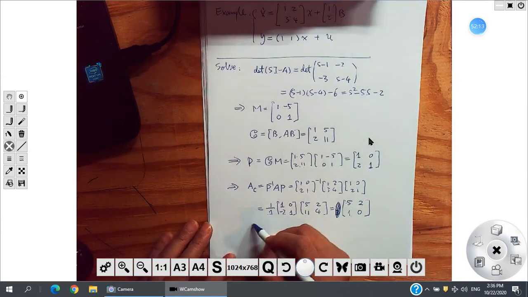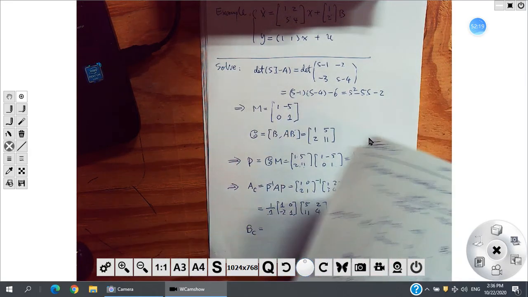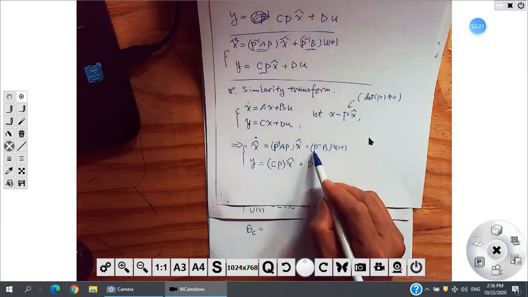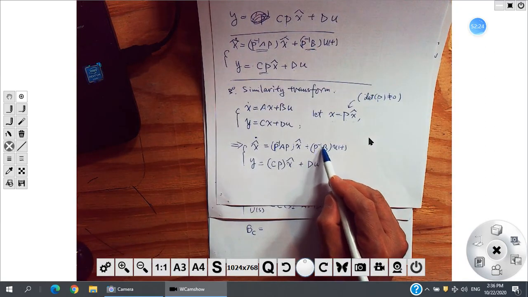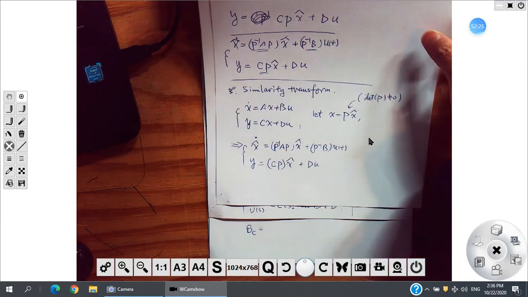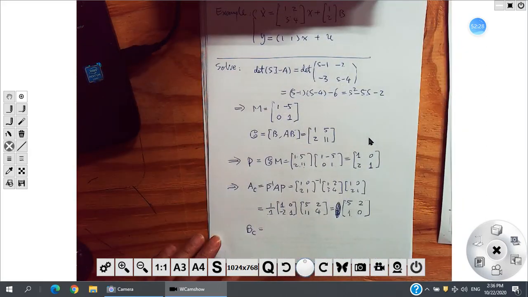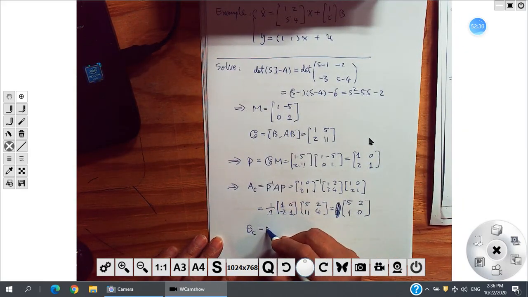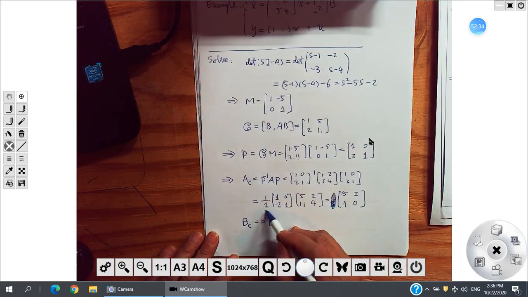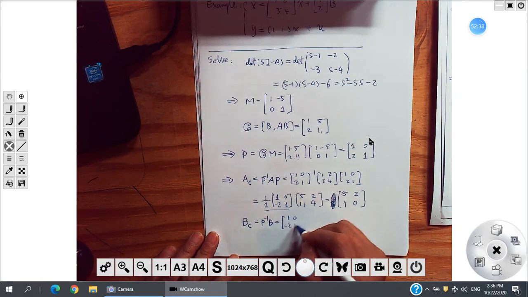And the BC, we still use that formula. BC will be P inverse times B. And the P inverse, we already have, this part is P inverse. So it is 1, 0, -2, 1. This is P inverse.